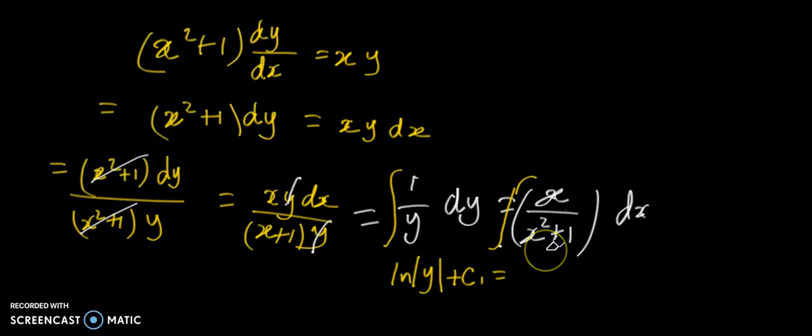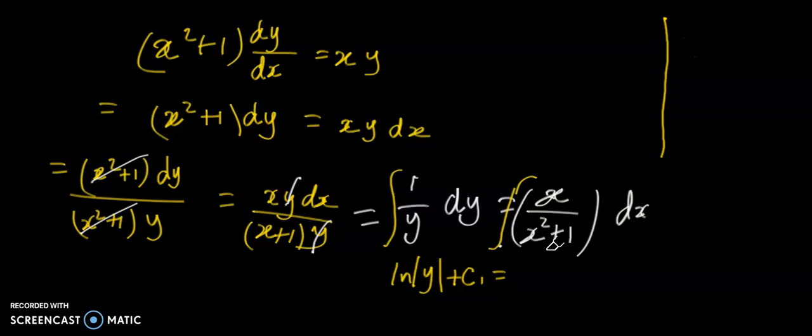We need to use U substitution. In case you are new to this channel, you can visit my previous video so that you know how to use U substitution. Quickly, let me show you what you're supposed to do.